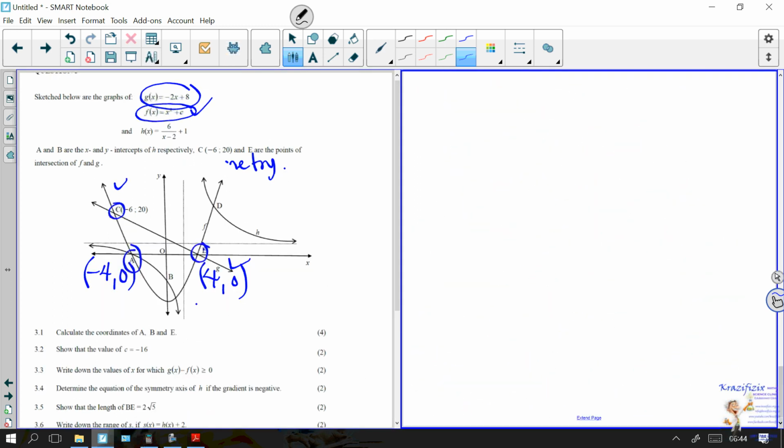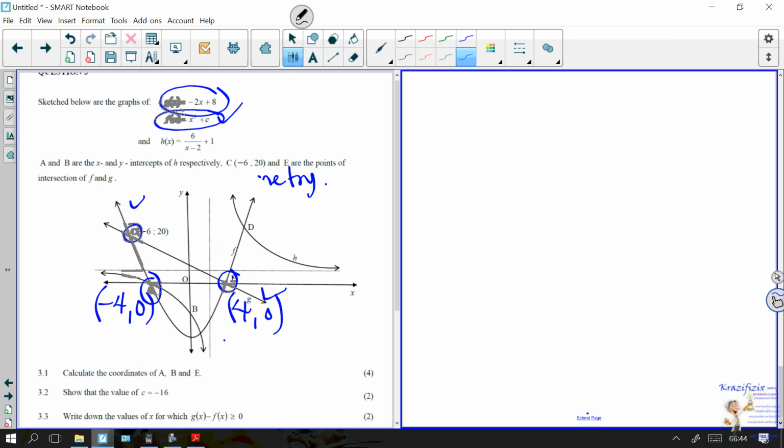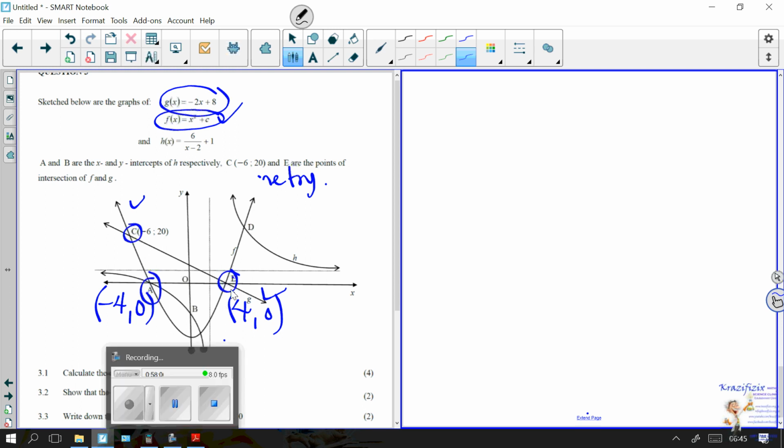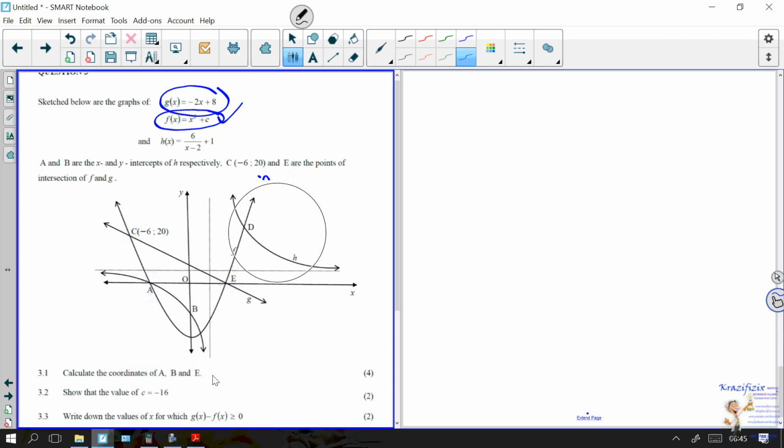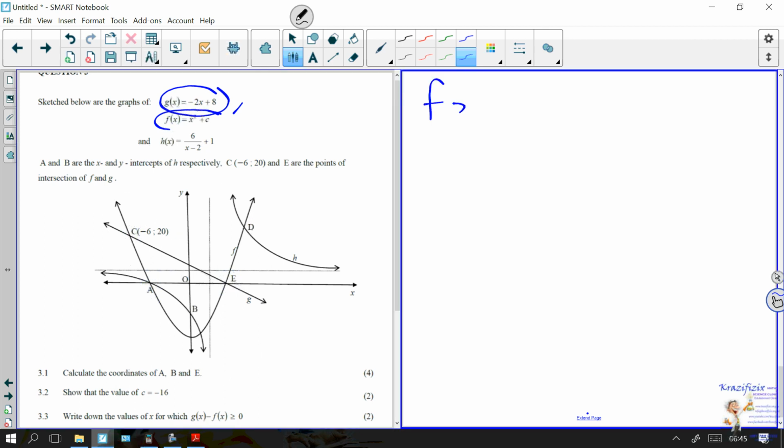In order for us to be able to explain this section very well, let me clean this part. Now, we want where g of x is greater or equal to f of x.